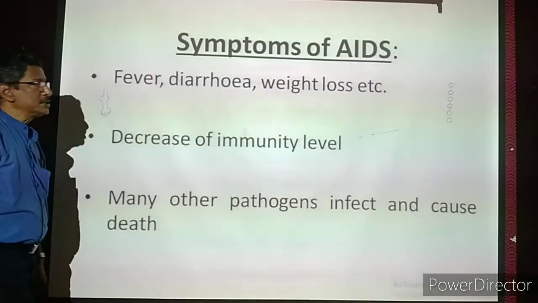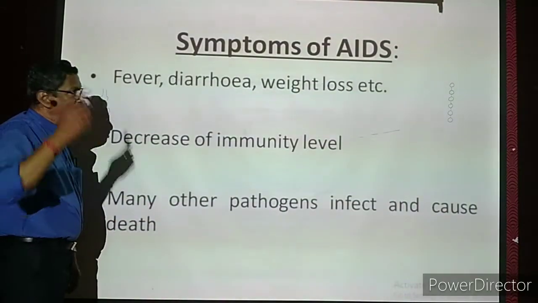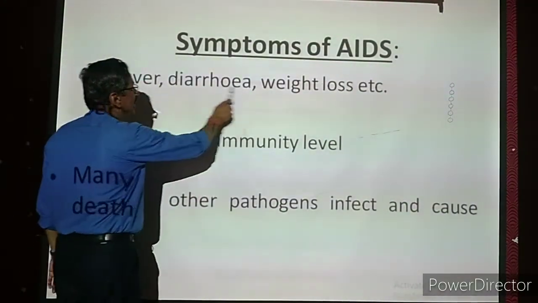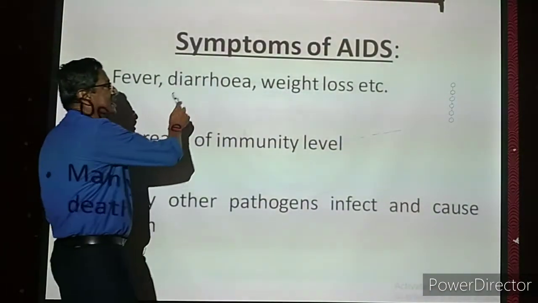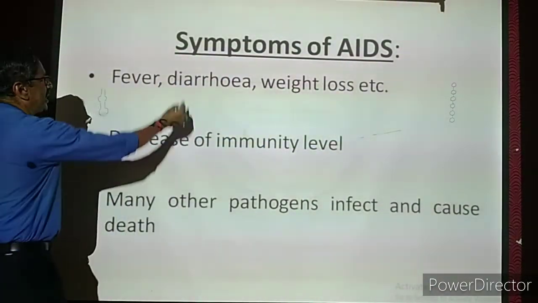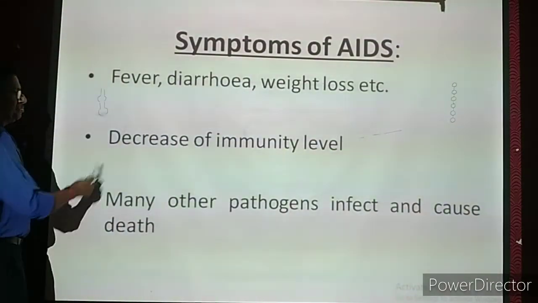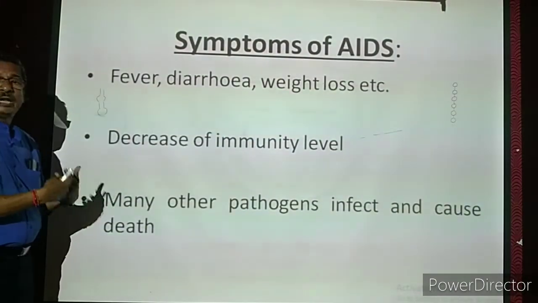In the lower classes you might have studied: mild fever will be there, but that fever will be there for more than a month. Diarrhea, loose motion, will also be there for three weeks, four weeks, continuously. Body weight loss will definitely be there because of diarrhea. Decrease of immunity level, as I told, because the helper T cells are destroyed.